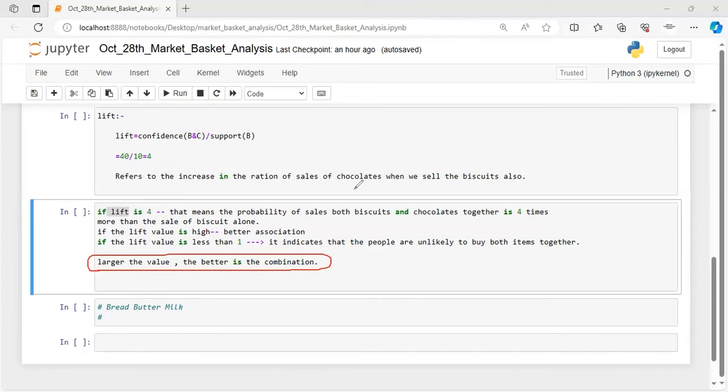So we can get the idea that these two items have a high lift value, the confidence is this, the support is this, and accordingly you can plan. The basic formulas we have discussed are support, confidence, and lift. So any question? Please ask me.